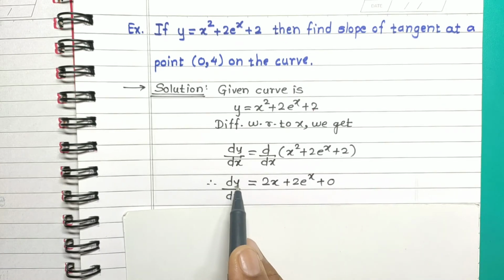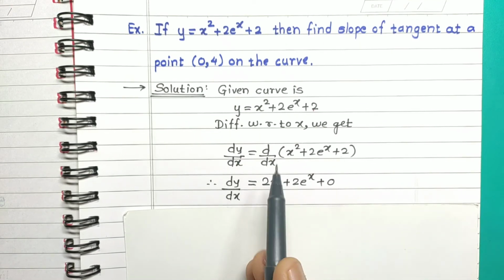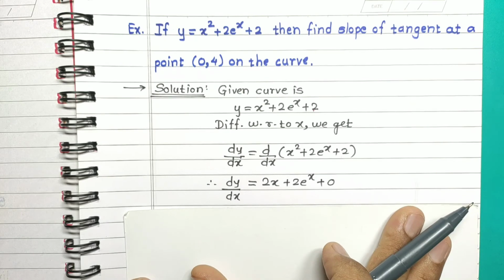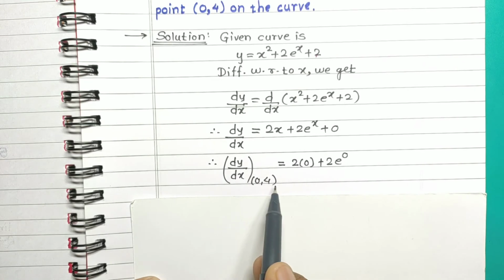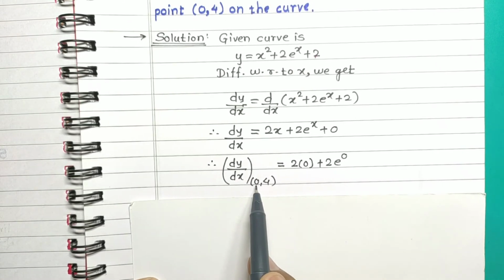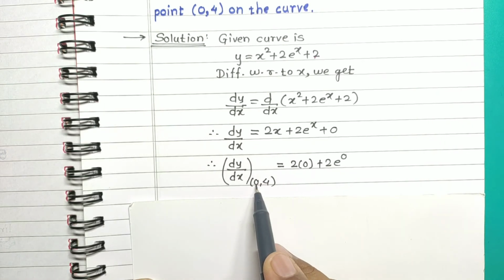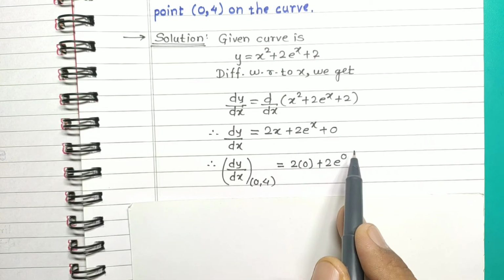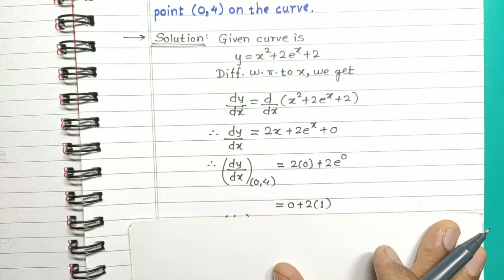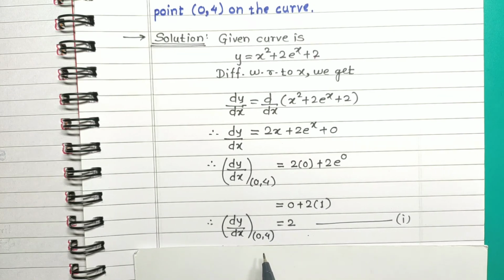We have to find this derivative at point (0, 4), so that means at x is equal to 0. So the notation we use like this denotes the derivative of y at the point (0, 4). Substituting x coordinate 0 here, we get 2 into 0 plus 2 into e raised to 0. 2 into 0 is 0, 2 into e raised to 0 is 2, and so we have dy by dx at point (0, 4) is equal to 2.